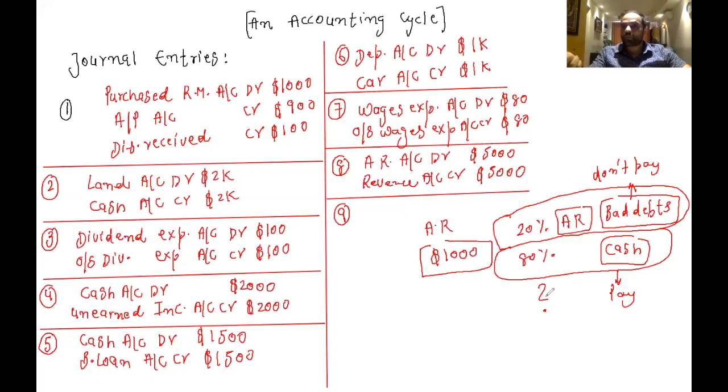But you have to record both: how much you receive, which is cash, and how much you do not receive, which is bad debts, right? So now you have to complete this journal entry and tell me how much is this.